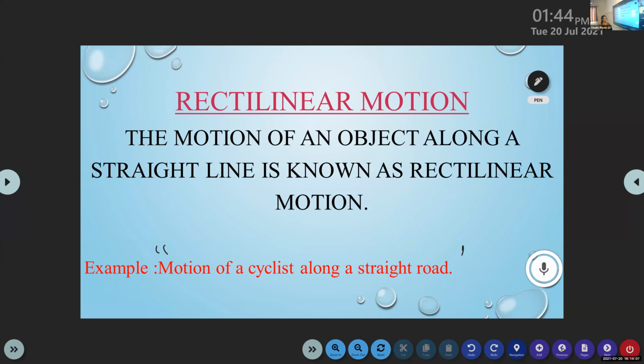Yes, ma'am. Okay. So here you can see the definition for the rectilinear motion of an object.